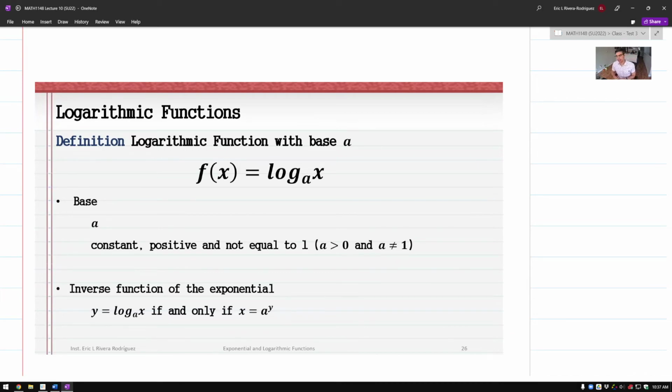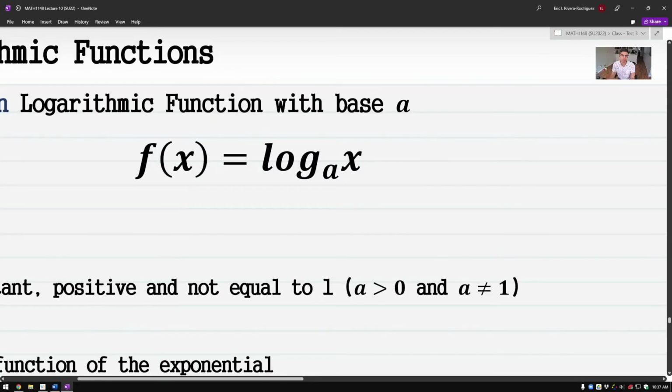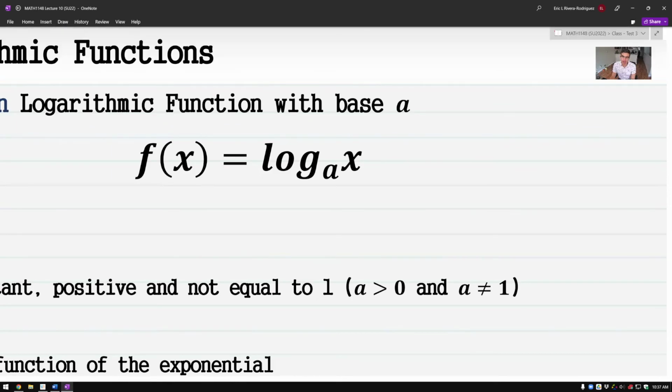All right, so let's focus on the way we write logarithmic functions, and then let's see why they are here and what the relation is with the exponential functions.